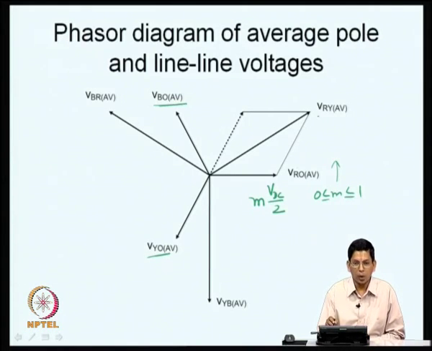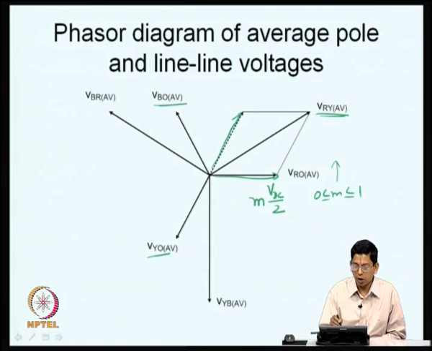How about the line to line voltages? VRY average is nothing but VRO average minus VYO average. So, VRO minus VYO average gives you this VRY average. You can see that this is going to be root 3 times VRO average. If your VRO average is something like 200 volts, that will be 200 into root 3.